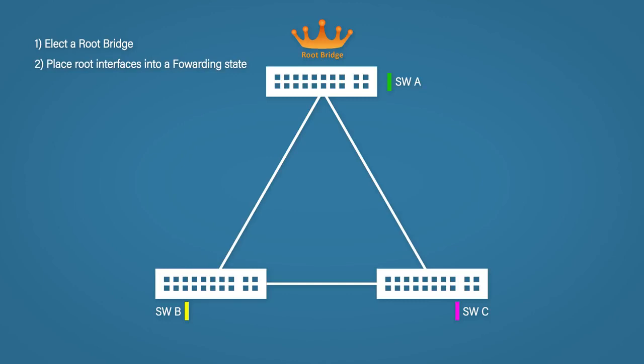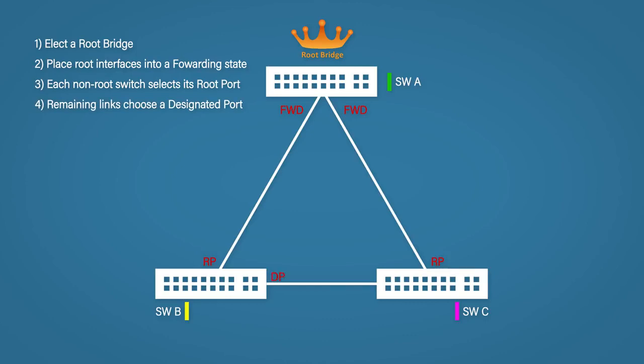Place all root bridge interfaces into a forwarding state. Step 3. Each non-root switch chooses a root port. This is the best route to the bridge. Step 4. Remaining links will decide whether or not to become designated ports. Step 5. All other ports are placed into a blocking state.